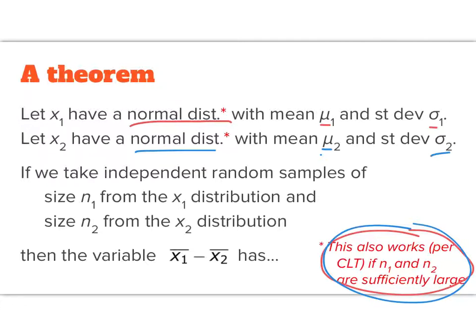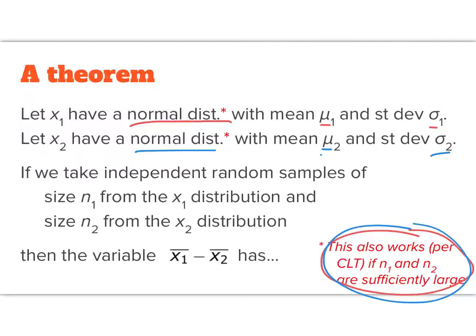If we take independent random samples from each distribution, they do not necessarily need to be the same size, but they should be pretty close. Don't do 10 and 50. If you have 35 and 37, that's not going to be a problem.